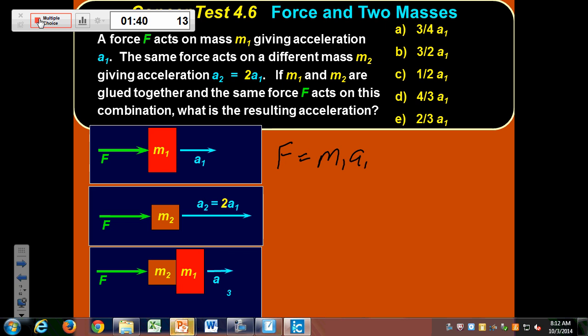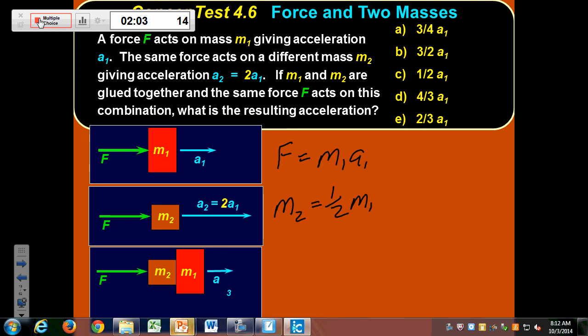M2 is what fraction of M1? No, it's not twice. It's 1/2 of M1. Right, so M2 with the same force gets twice the acceleration of M1. So that means it has half the mass of M1.